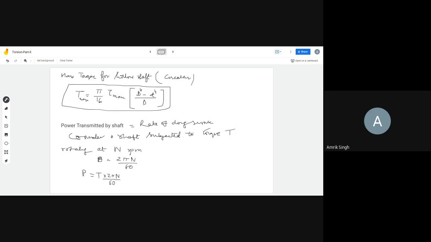This is the angle through which the shaft moves per unit of time. So power P is equal to 2 pi N T divided by 60. This is expressed in watts, or Newton meter per second.